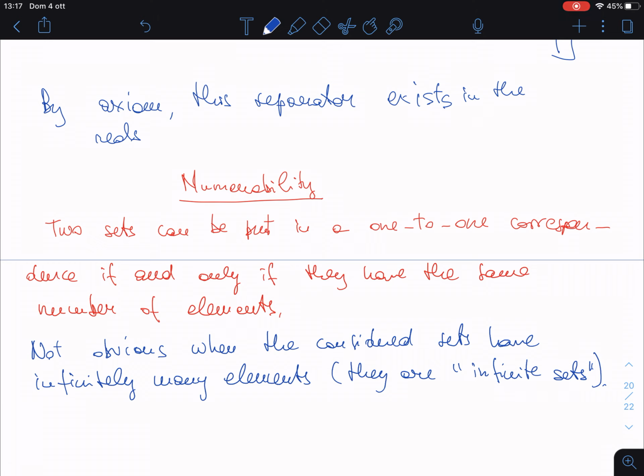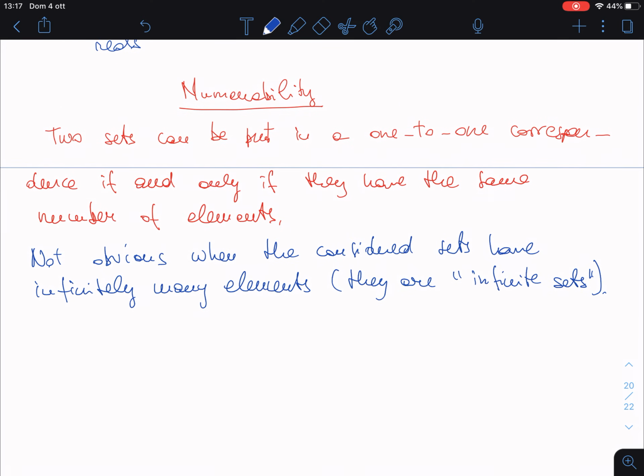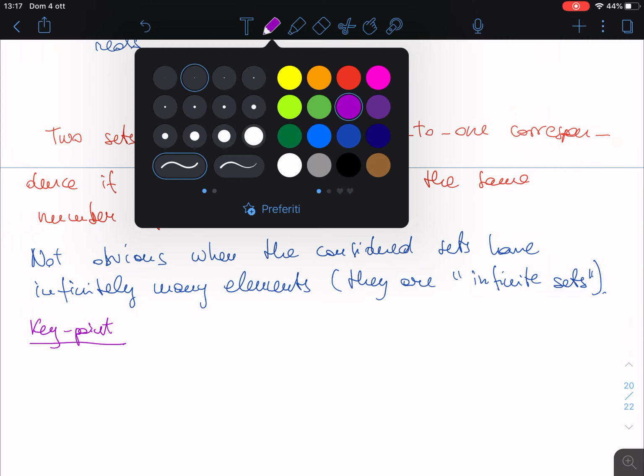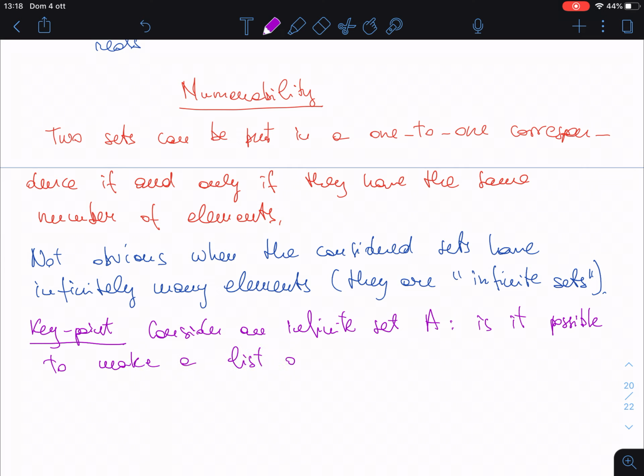So the key point here is whether, when you consider an infinite set A, is it possible to make a list of the elements?